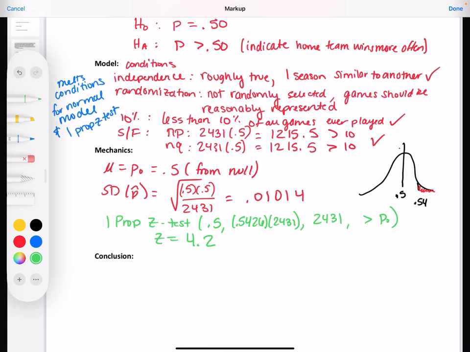So then P of Z greater than or equal to 4.20. What was the P value that was given to you? The one that was right under Z, 1.3, it was like times 10 to the something, right? It's 1.345217 e negative 5.